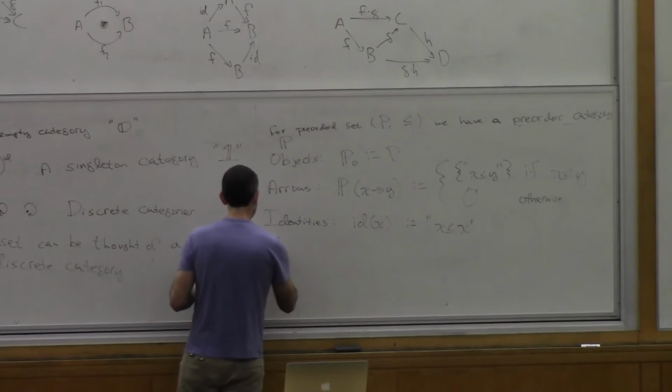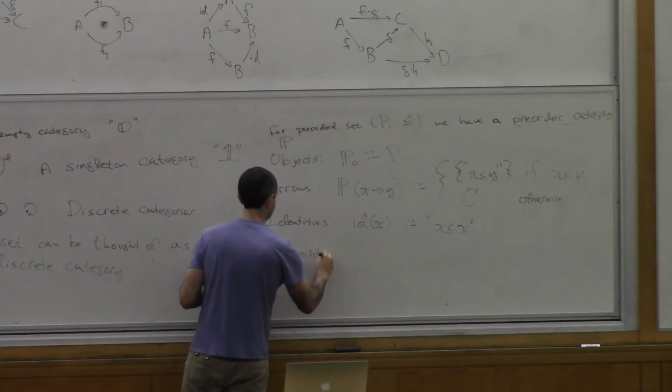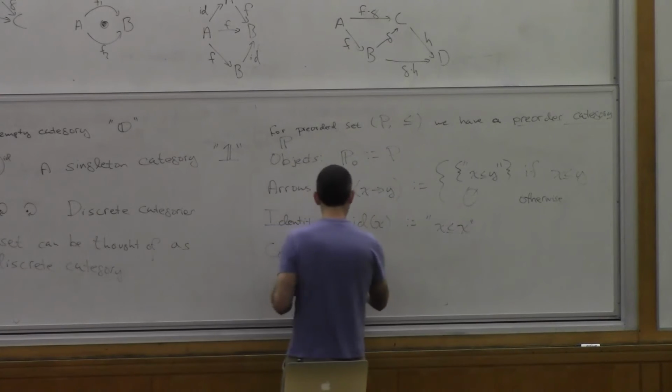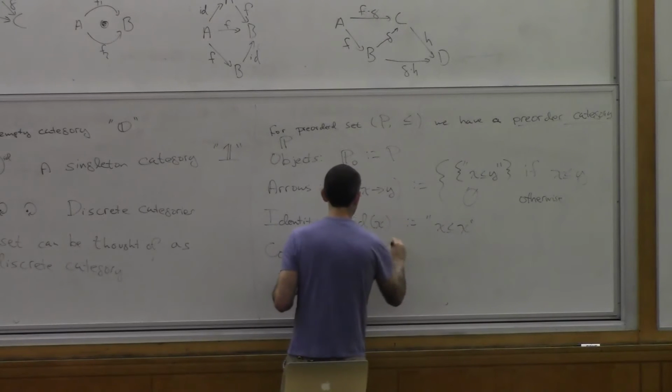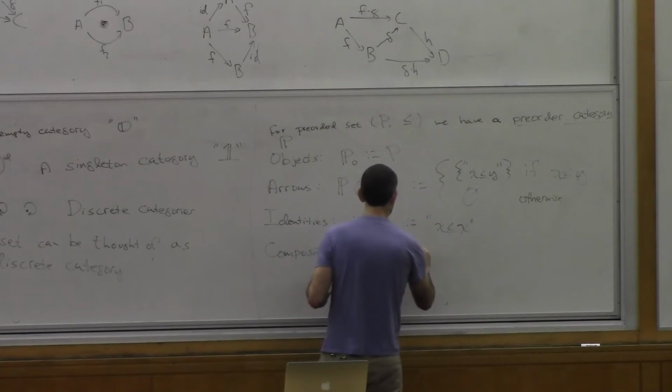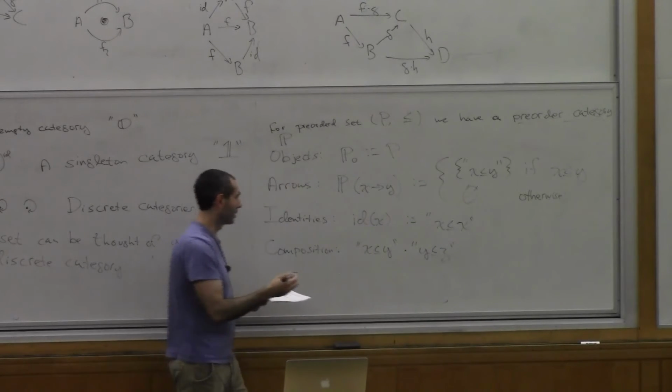And the composition: I have x is less than or equal to y as a morphism. Now I compose that with a morphism y is less than or equal to z. This is a z, by the way.